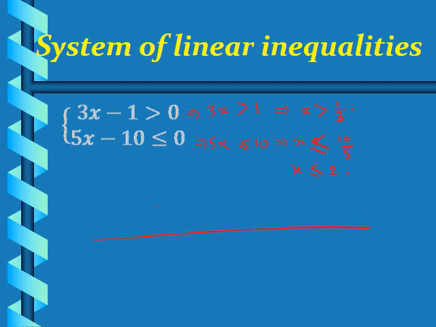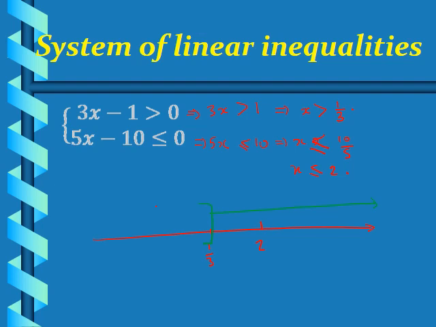Draw a number line. We have solutions 1 over 3 and 2. Solution of the first inequality, x greater than 1 over 3, open since strictly greater than.